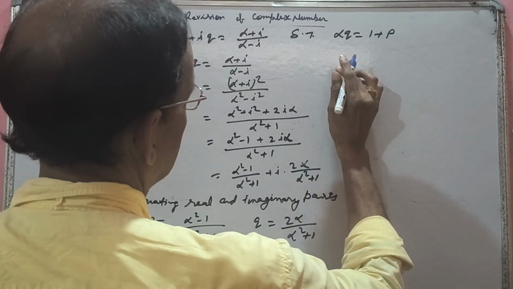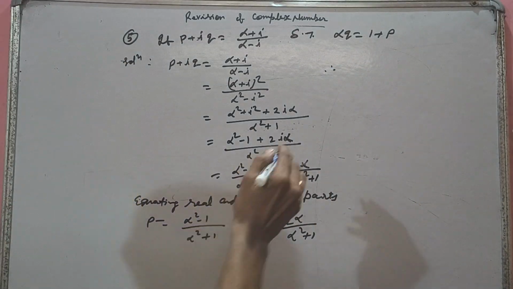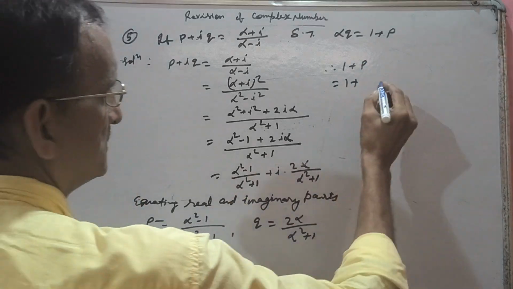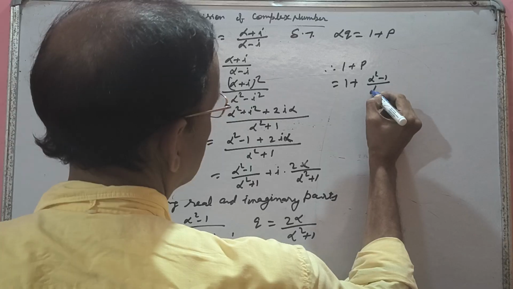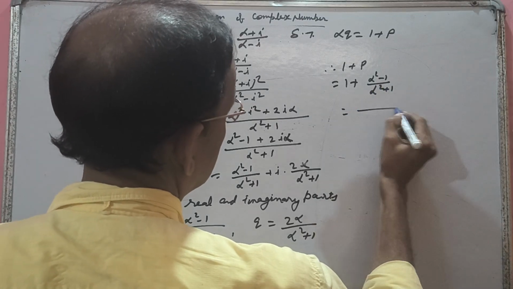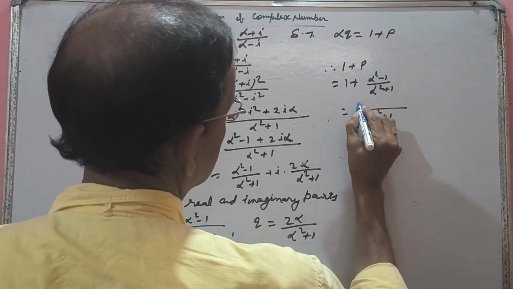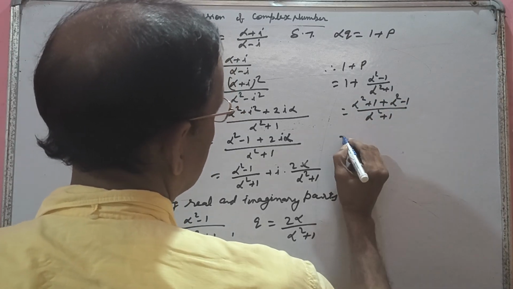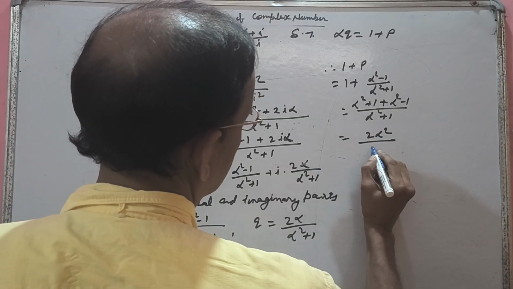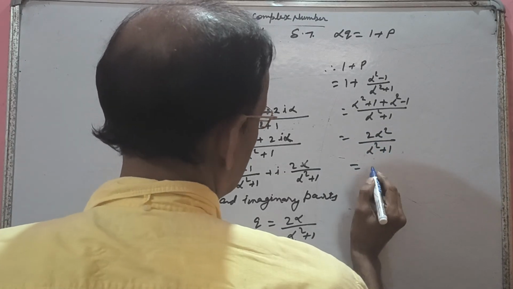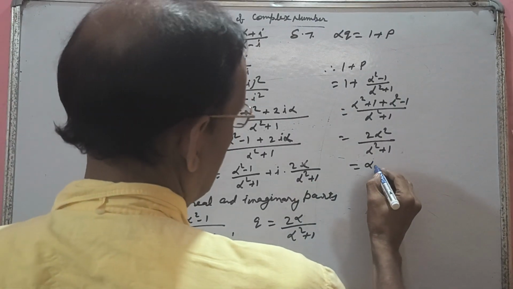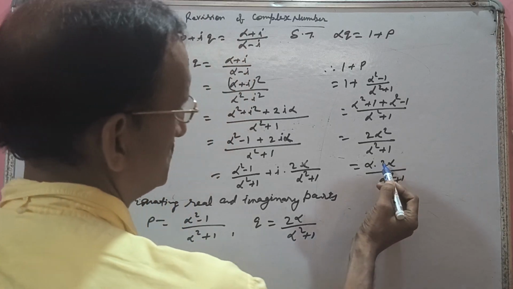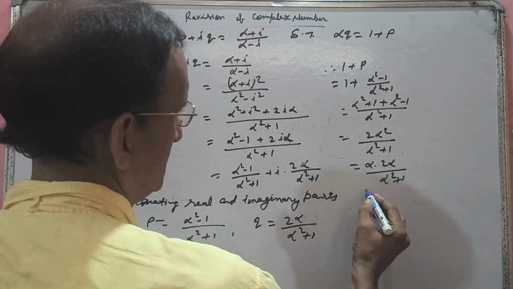Find 1 plus P. I am writing here, okay? So 1 plus P equals 1 plus the value of P, (alpha square minus 1) by (alpha square plus 1). Simplify: alpha square plus 1 plus alpha square minus 1, cancel, twice alpha square by alpha square plus 1. What will we get? Alpha into twice alpha by alpha square plus 1, same thing, no? Twice alpha into alpha, twice alpha square.